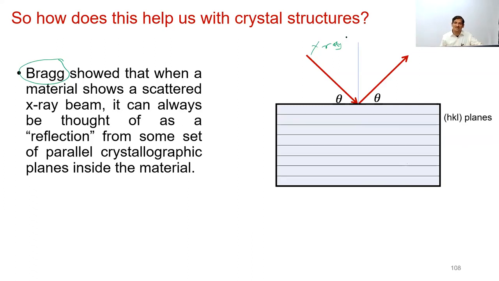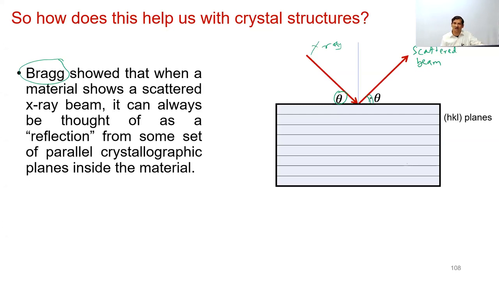And that happens in such a way that the angle made by the incident X-ray beam with those set of planes, theta, is equal to the angle made by the scattered beam with the same set of planes. So that angle is also theta.